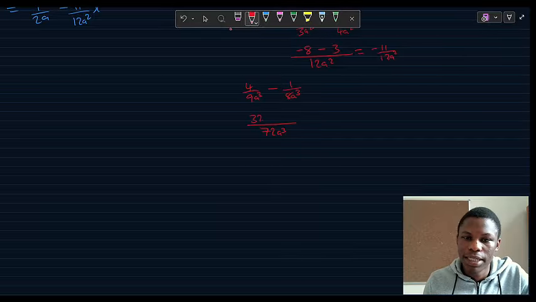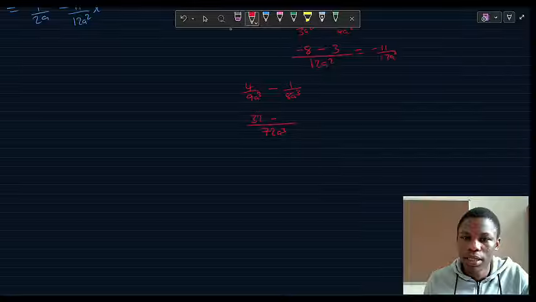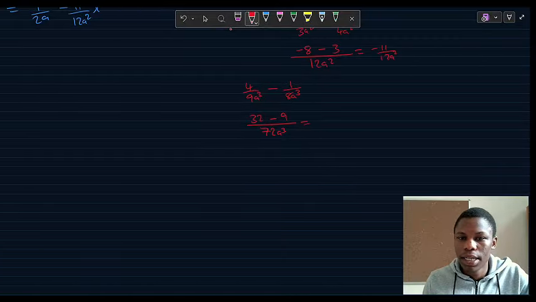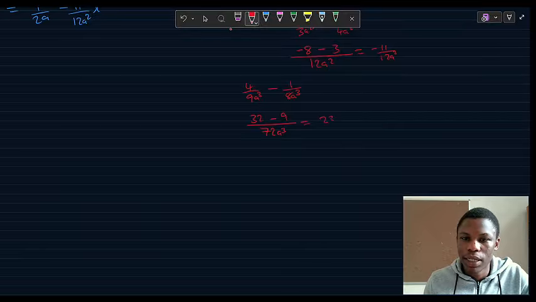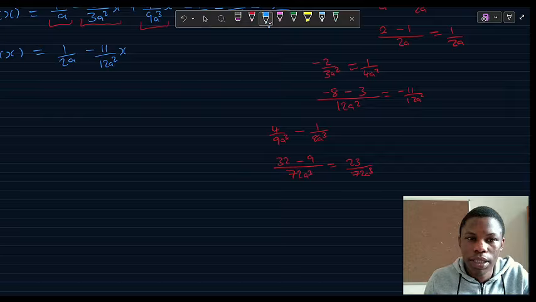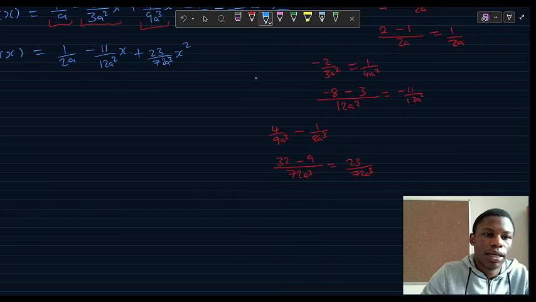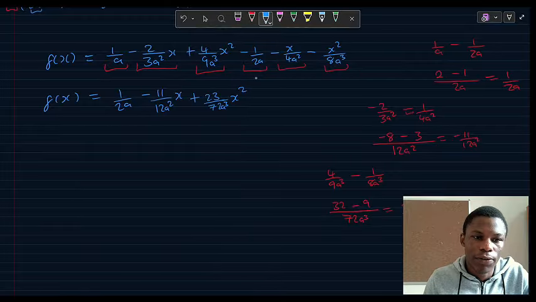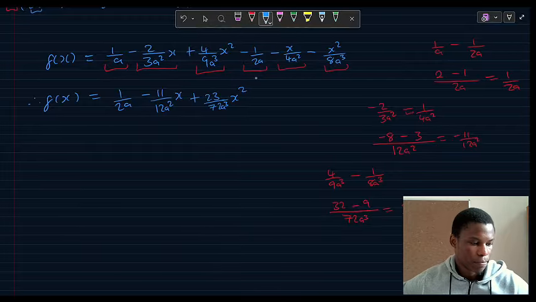How many times does 8 go into 72? 9 times, multiplied by the 1, so just 9. 32 minus 9 gives me 23 over 72a cubed on the denominator. So that becomes a positive 23 over 72a cubed, and this is x squared. And that will be our final answer.